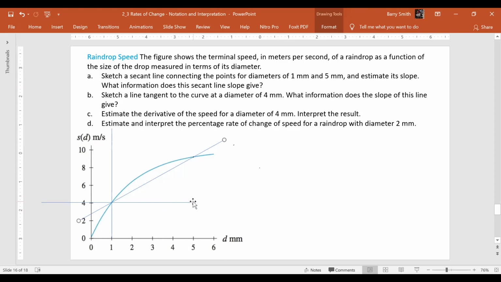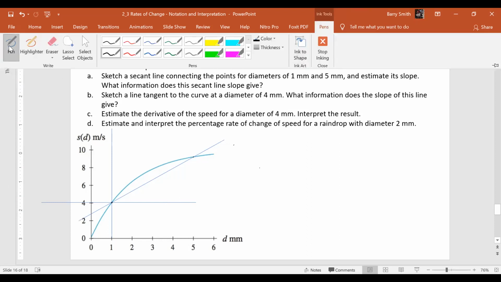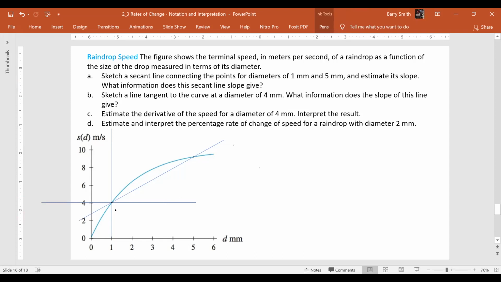Well, now we can estimate the slope based on the values that we see here. Maybe what we can do is pick 1 comma, and it's a little above 4, I think. So maybe I'll call this one 1 comma 4.1, and this one, let's see what it was.